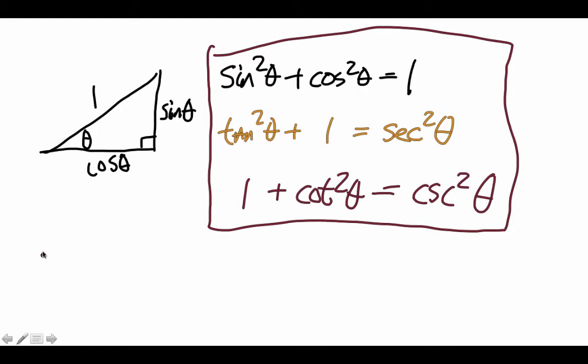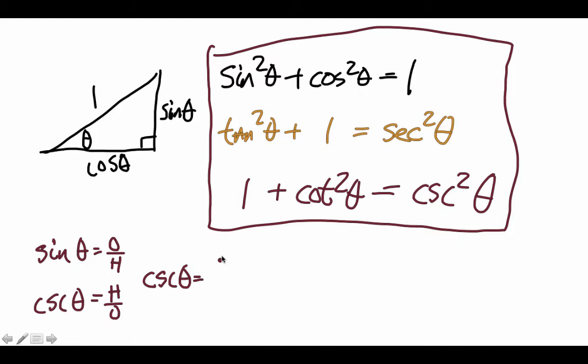To them you could add the following definitions. Sine of theta equals opposite over hypotenuse. Cosecant of theta equals hypotenuse over opposite. The cosecant of theta equals the reciprocal of the sine of theta. You could rewrite that and say the sine of theta is the reciprocal of the cosecant. Good? And we should be able to do that for the other 4 trig functions.